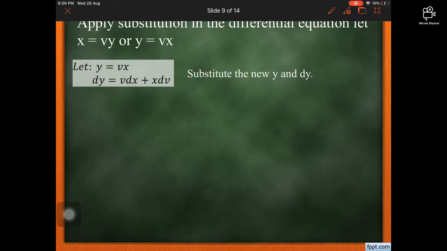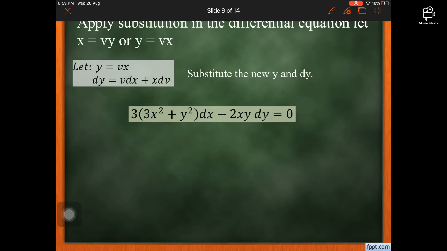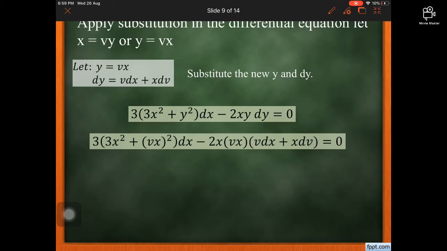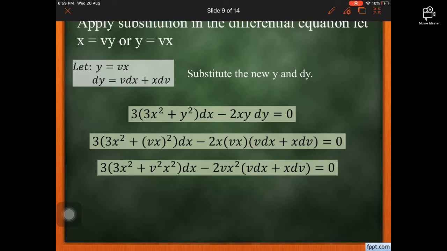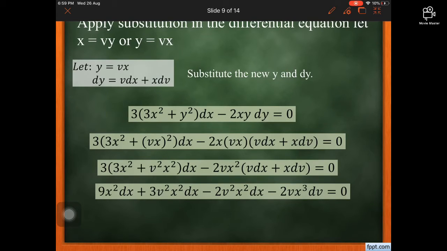Then substituting the new y and dy into this equation, we will have this second equation. Simplifying it, we have the third equation, and the next, the fourth equation. Observing that fourth equation, we know that these two terms can be combined since they both have v squared x squared dx in their variables.